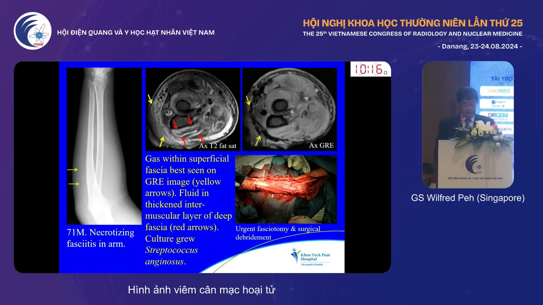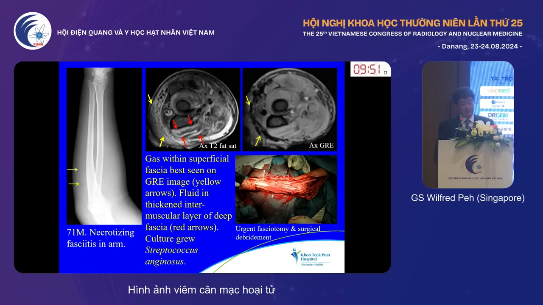So this is another patient, a 71-year-old man. The radiograph of the forearms shows a few streaky areas indicated by yellow arrows. You can see streaky areas of gas within the soft tissue. And on the MRI, the yellow arrow points to hypointense areas.